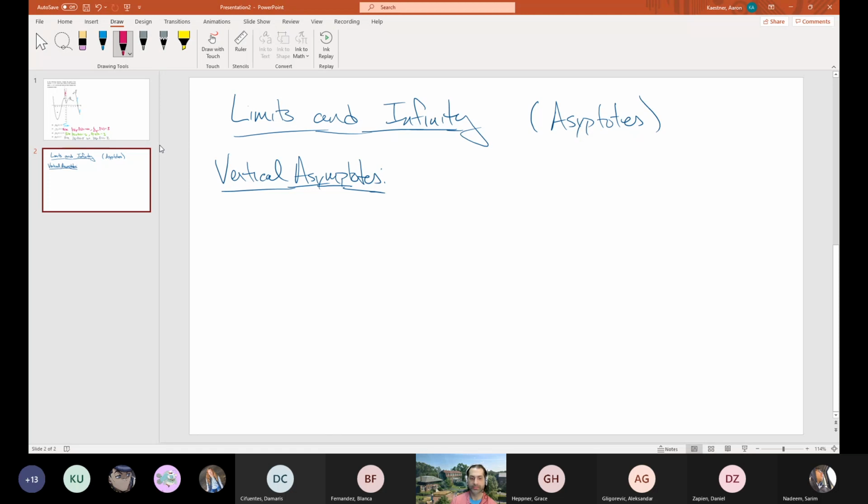So let's use that type of problem as an example. Let our function f of x be x over x minus 2, and let's consider the limits.